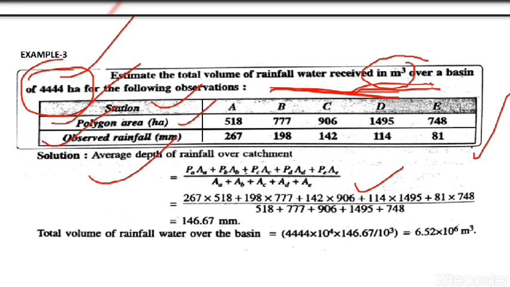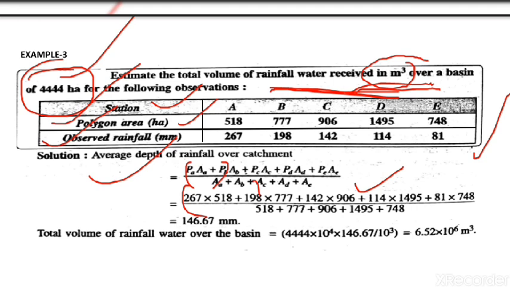Here I just calculated the summation of PiAi divided by the total area. Here also the polygonal area and rainfall are given, so I have simply used P1A1 plus P2A2 and so on.